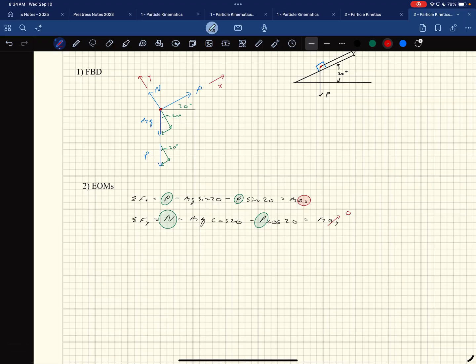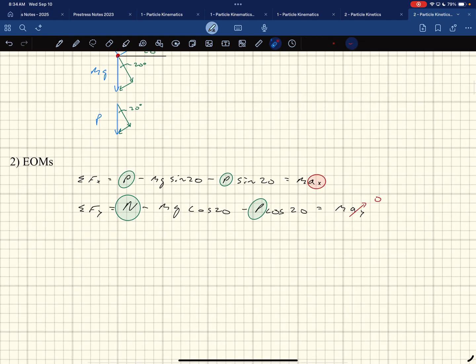So to solve this actual problem, all I need is this equation, where that's equal to the mass times 2 or mass times negative 2. This direction, the y direction, I would need if I was after the normal force. I could solve for what that P is, put it in down here, and solve for the normal force, but I don't need it beyond that. And the problem statement doesn't ask me for the normal force, so I'm just going to leave it out.